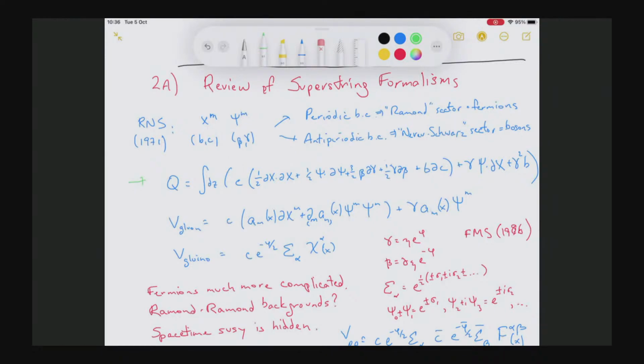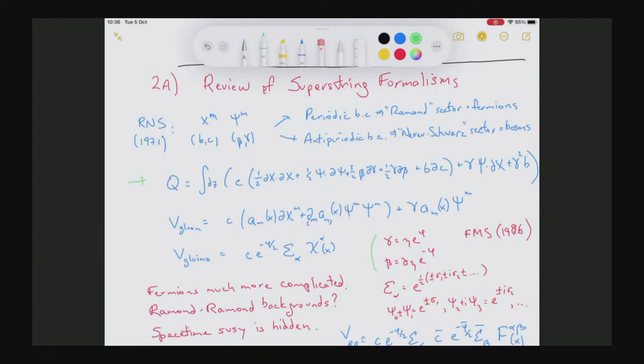to discuss the Ramond sector or the space-time fermions, you need to bosonize the ghosts. This was done by Friedan, Martinec, and Shenker 15 years after the formalism was developed. So you have the beta-gamma ghosts here, which we're going to fermionize. These are bosonic ghosts, but we're going to fermionize them by writing them in terms of these eta and xi fields, which are free fermions, and this chiral boson phi.